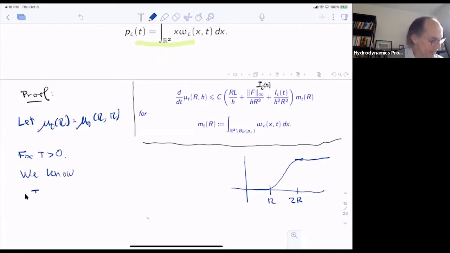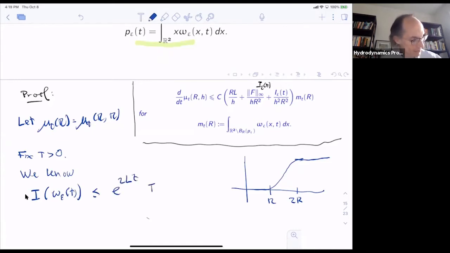So we know that the second moment of the vorticity at time t, with respect to the center of mass, is bounded by e to the 2 Lt times the second moment at time 0. The second moment is the integral of the vorticity multiplied by the distance squared from the center of mass over 2, and that's always less than epsilon squared over 2. And so this is something like e to the 2 L capital T over 2 times epsilon squared if.